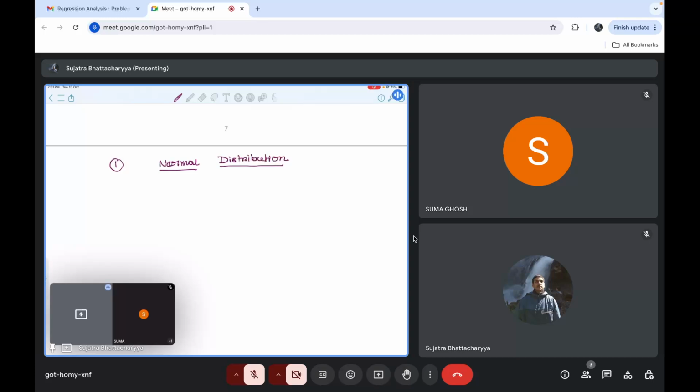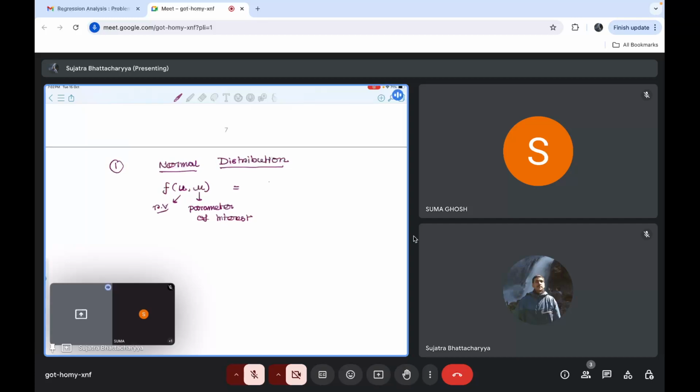First one is the normal distribution. For the normal distribution, you have the random variable u and a parameter called mu. Mu is here the parameter of interest, theta, what we have written earlier, and u is the random variable.